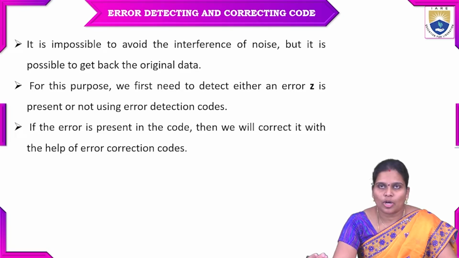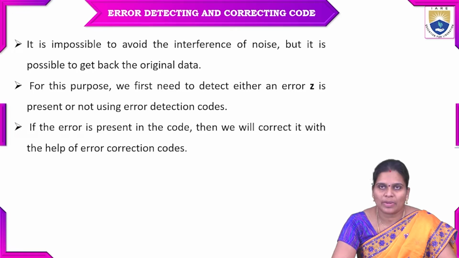It is not possible to transmit the original data without noise, but it is possible to get back to the original data. Whenever we transmit data, noise will occur, but we can reduce it.